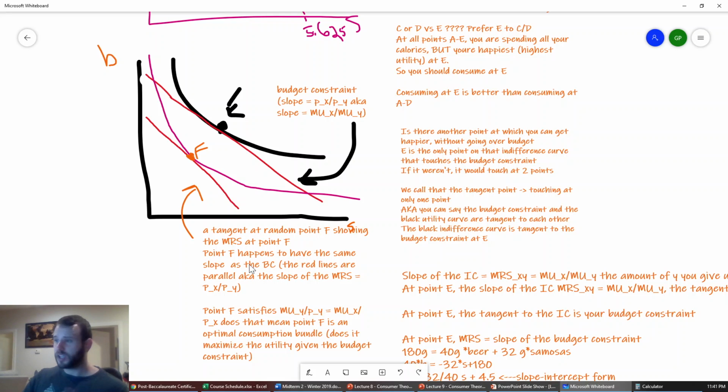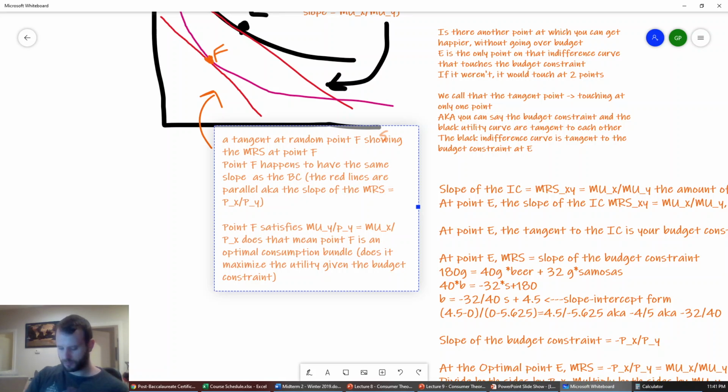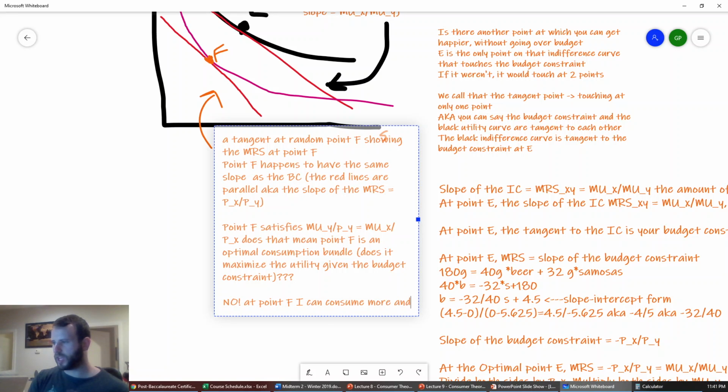Well, no, right? Why not? Because at point F, I can consume more beer and more samosas and go to point E, which is a higher indifference curve. I can go to other points too, which have higher indifference curves, but E is the best one.